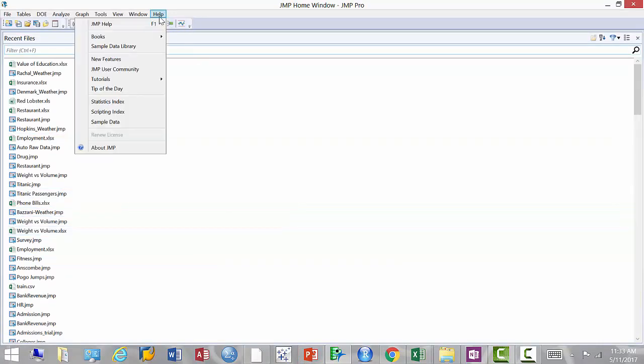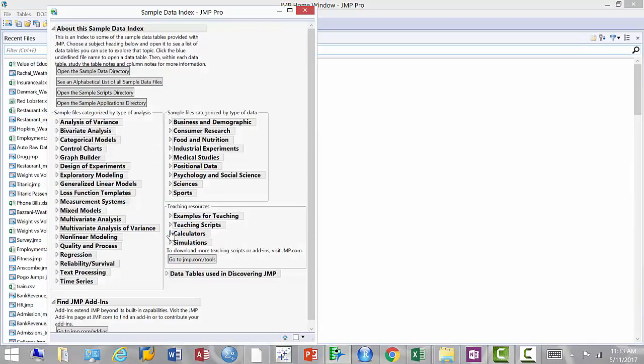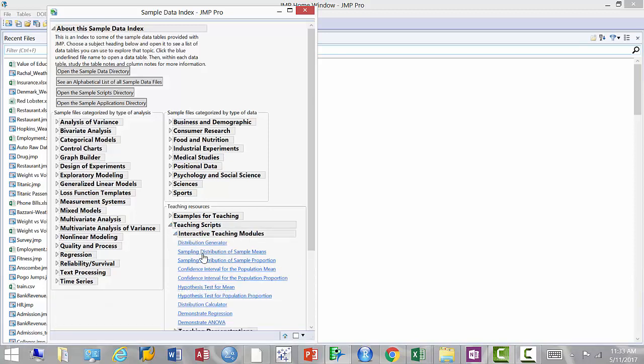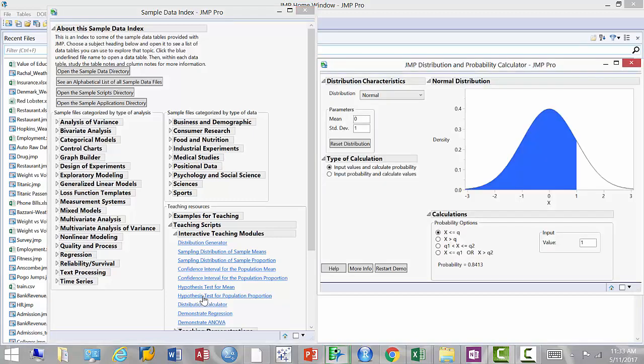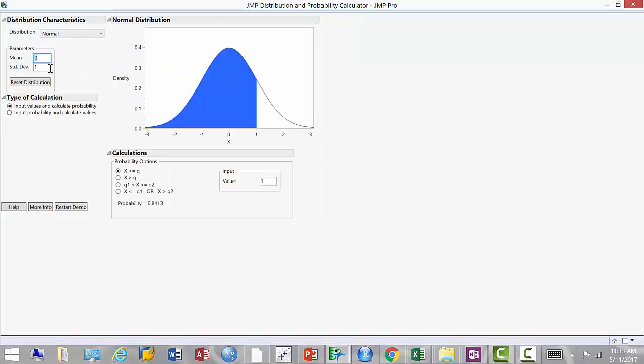So from Help, Sample Data, and here we need to look at Teaching Scripts, Interactive Teaching Modules, and Distribution Calculator right there. Okay, so here is my distribution calculator, and I need normal distribution. My mean is going to be the same as for the population. That's what the foreman says, 6.05, right? 6.05. But my standard deviation of the sampling distribution is what? 0.09. We computed that, correct?